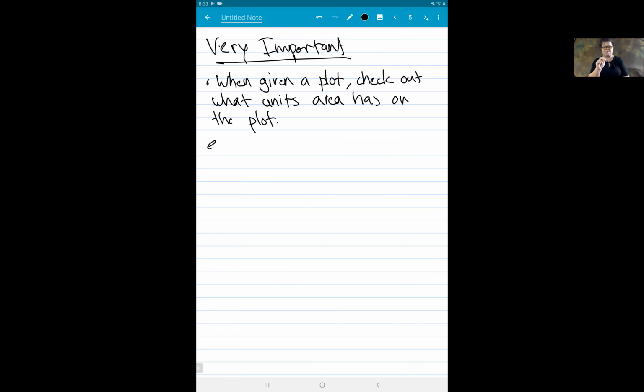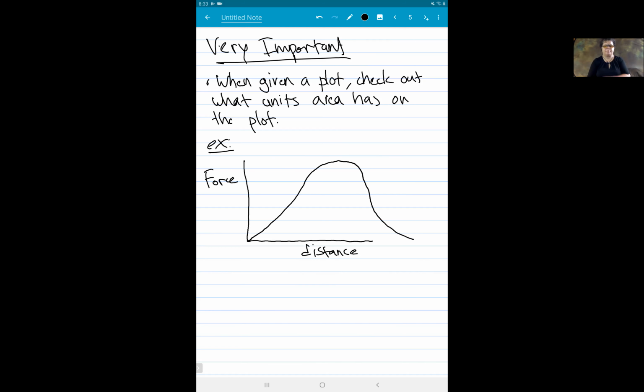So, example. If I'm given some plot that is force over distance, and I have some plot that goes up like so, and settles back down to zero, whatever it might be.